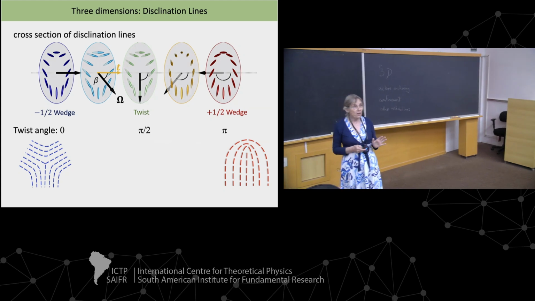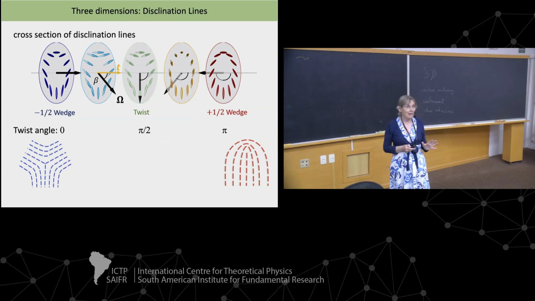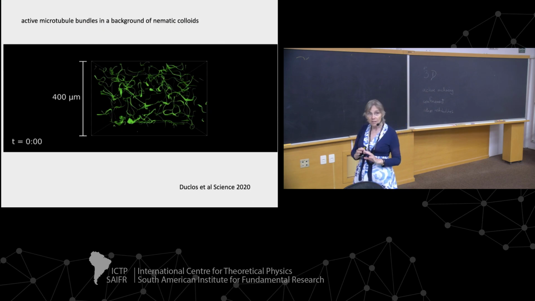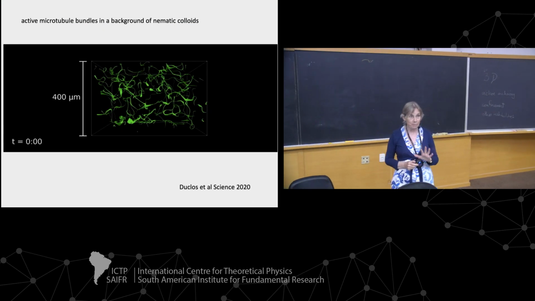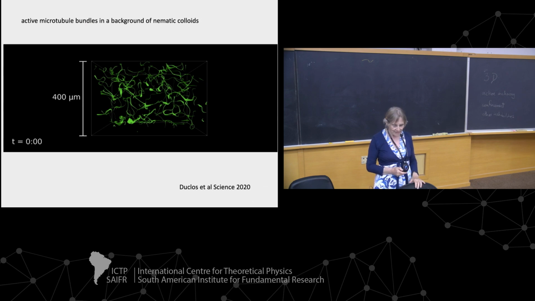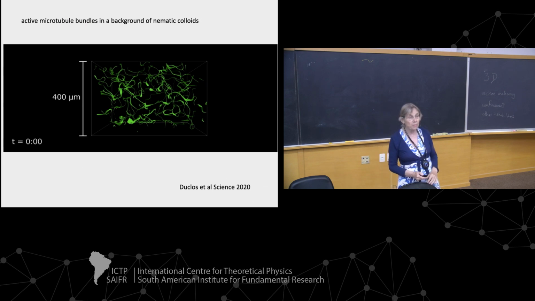So modulo these being different, active turbulence looks very similar. You can describe it very nicely with the same equations. You just need a bigger computer. Okay, and these are some very beautiful experiments from Nematics group, where you actually see the disclination lines in this microtubule motor mixture in 3 dimensions.